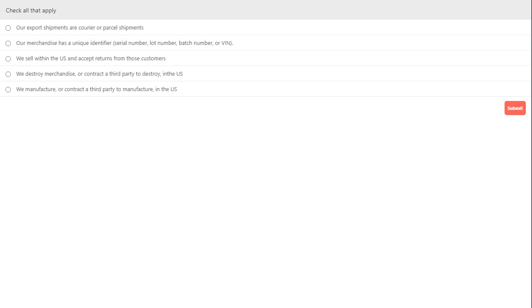That can present a challenge in proving date and fact of exportation. Having a unique identifier, such as a lot, batch, serial number, or a VIN, helps alleviate some of the record keeping or some of the details necessary to fulfill a drawback. It reduces the amount of data you would need. It also improves the likelihood that retail returns could be tracked better.